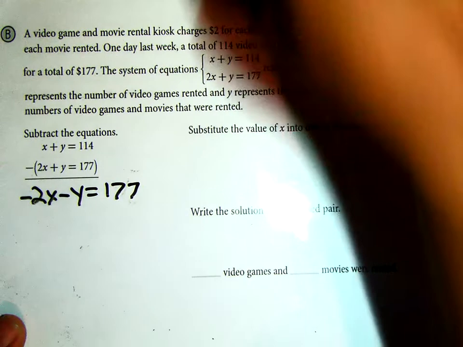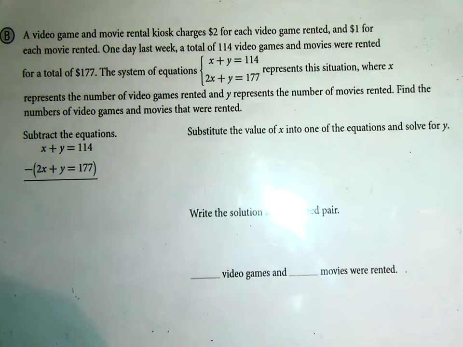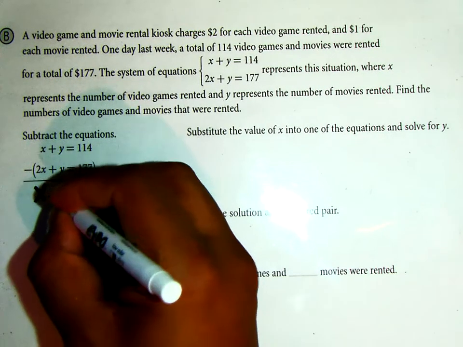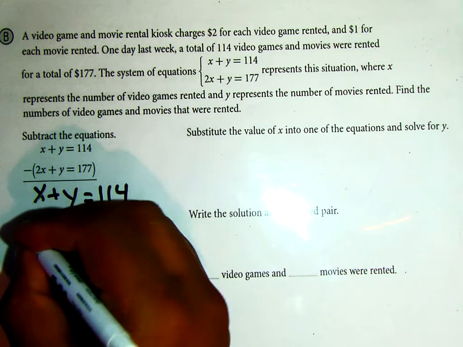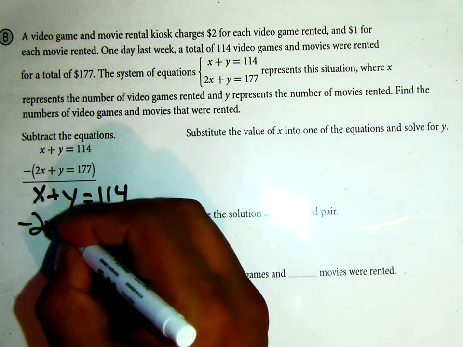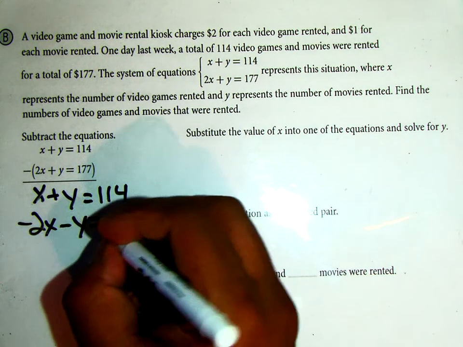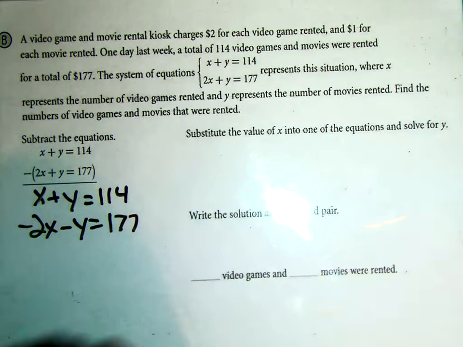In fact, let me write that down here. So I'm going to have x plus y is equal to 114, and -2x minus y is equal to -177.